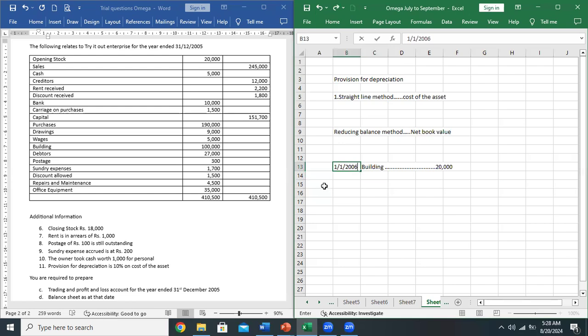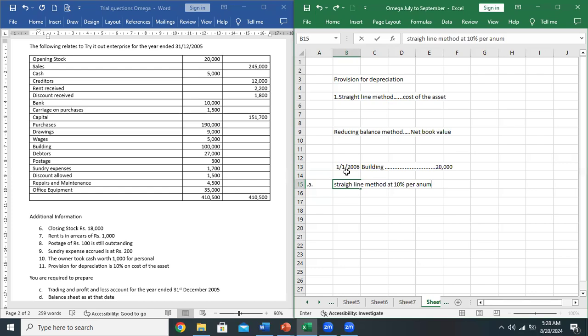Let's look at A. Calculate depreciation using the straight line method at 10% per annum. So this asset was bought on 1st January 2006.